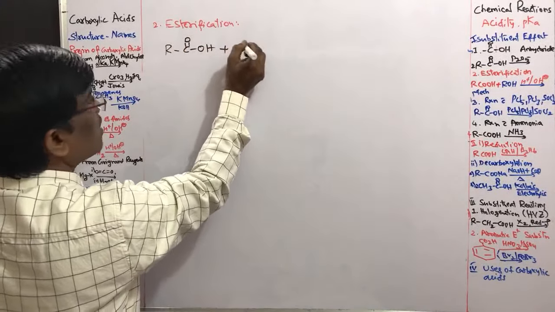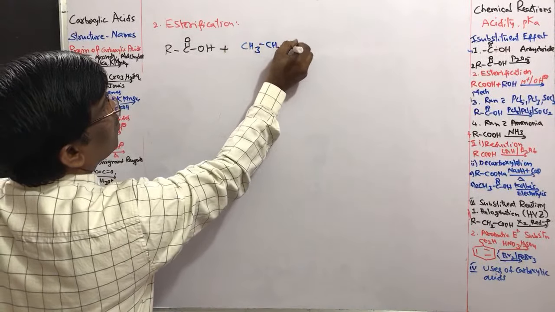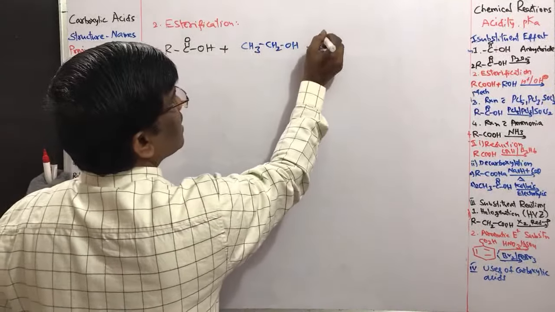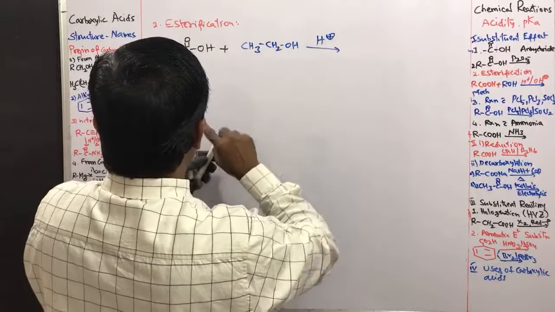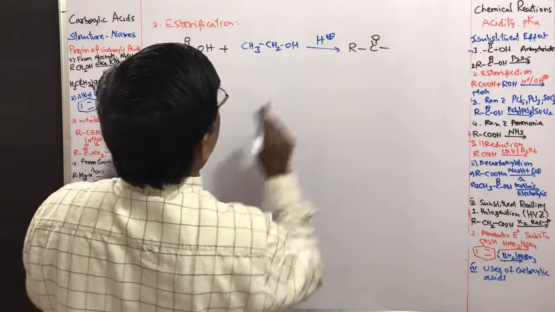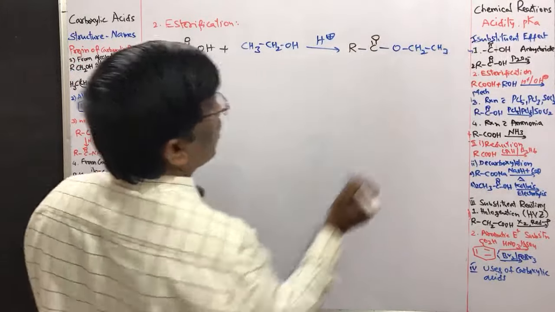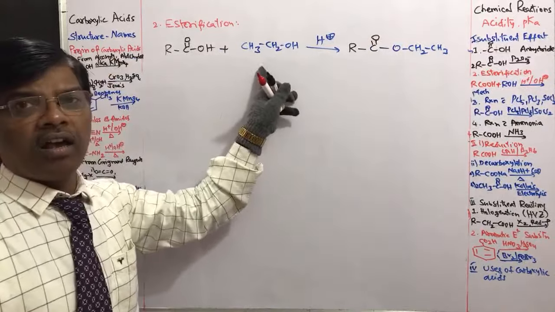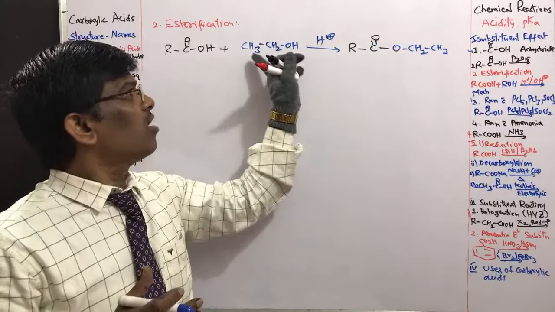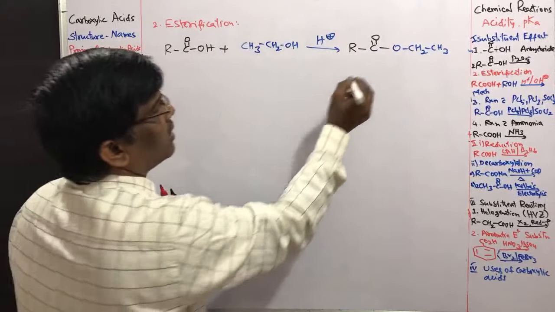Let me take ethanol, CH3CH2OH, and if I do the esterification in the presence of acid, H plus ions, I am going to get R-C=O with the alcohol part attached. This is the key point: the oxygen is coming from the alcohol. During cleavage, this oxygen goes with the alcohol, and this oxygen comes from the alcohol part. This is the ester.